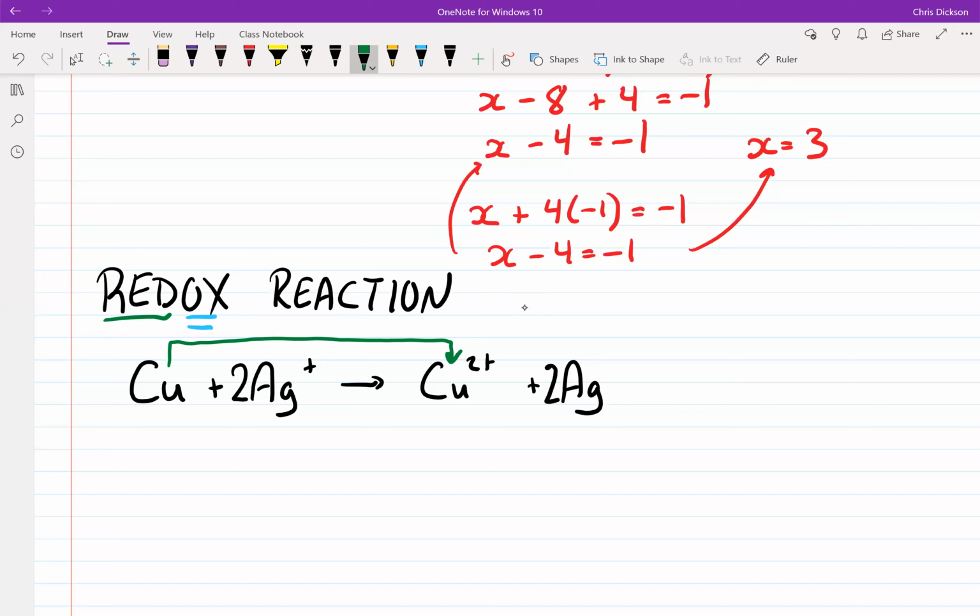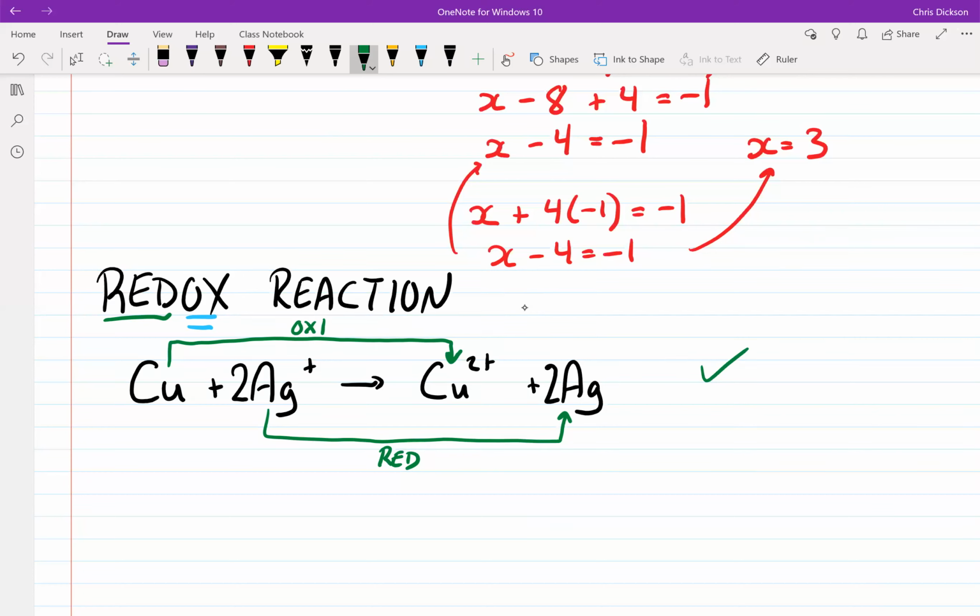In this case, we have definitely removed electrons, so the charge has gone up, so that's the oxidation. And the silver ions have gone down in charge, so that's the reduction, which of course makes the silver ions the oxidizing agent and the copper metal the reducing agent. So this would definitely be classified as a redox reaction, okay?